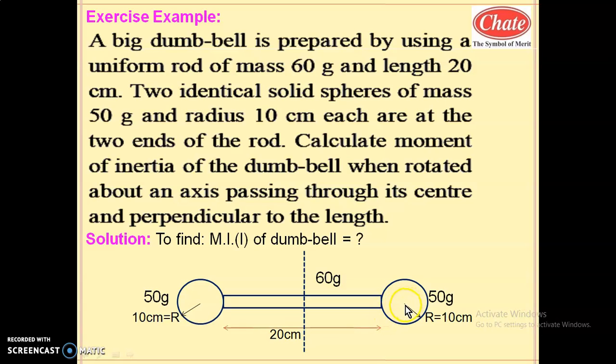So the distance from the center of the sphere up to the axis of rotation will be 10 plus 10, that is 20 centimeter. That is h, while applying the parallel axis theorem to this sphere.